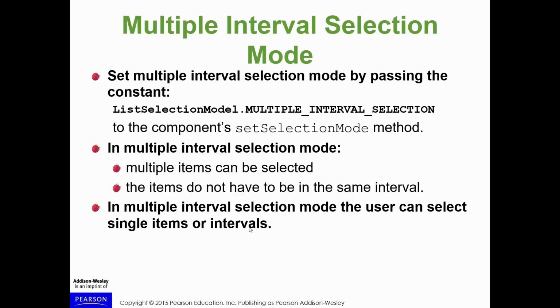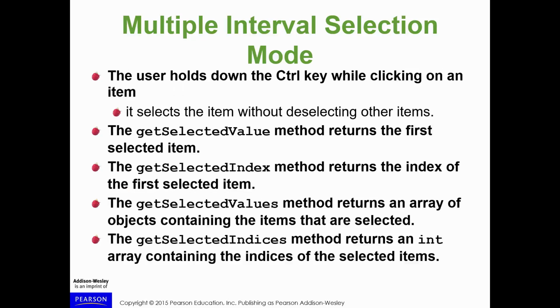Again, when they're multiple, they don't have to be contiguous. You can still select a single item if you want, or you can select any interval of items. With multiple, unlike the single where you use the shift key, with multiple you use the control key. And that allows you to select an item and you don't have to deselect the other items.